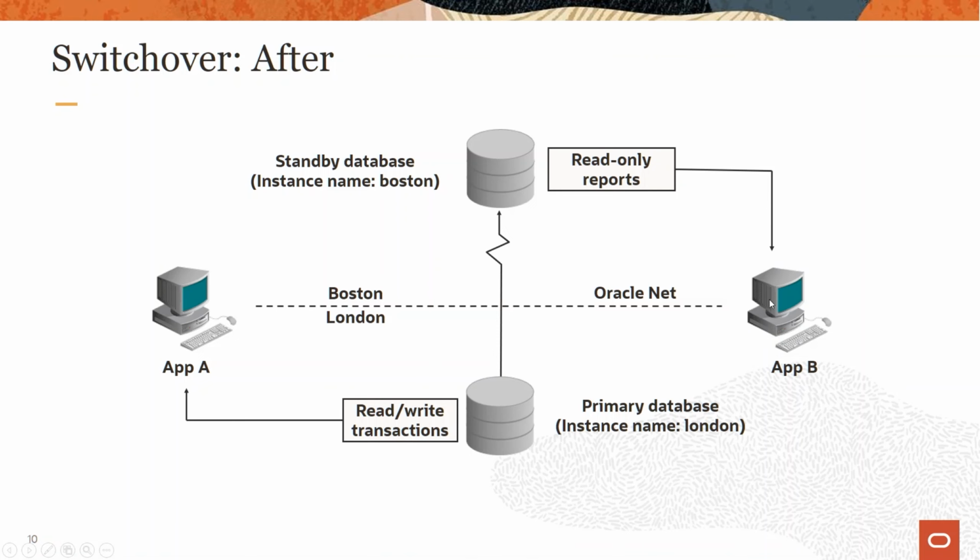We can use the fast connection failover feature, or we can use TAF, transparent application failover. We can also use the application continuity feature. By using that, the application can be switched over or failed over to the new database role.